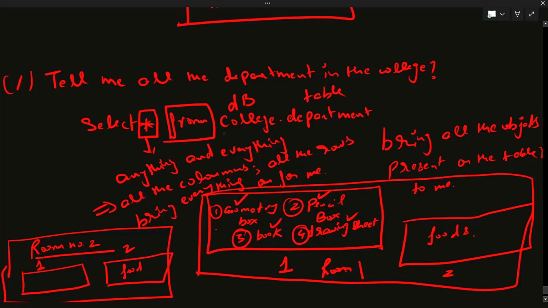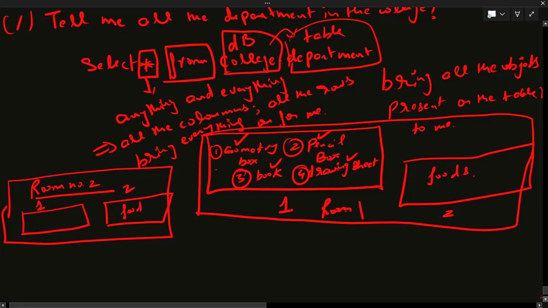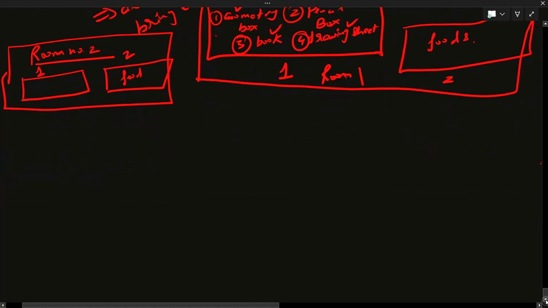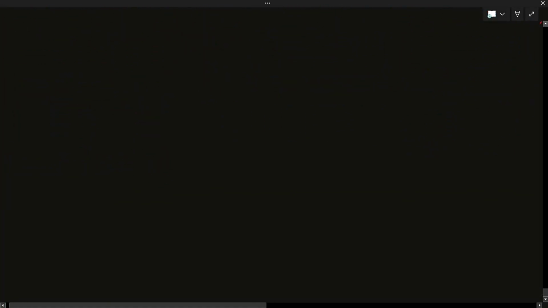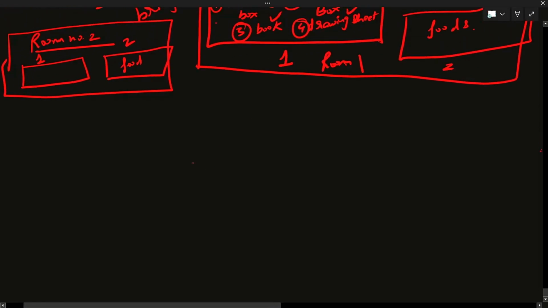Same way here also, a database is a container inside which there is another container which has a table, as I mentioned in my previous class also, right? It is like this. A database is also called a schema. Let me show you. This is the schema.